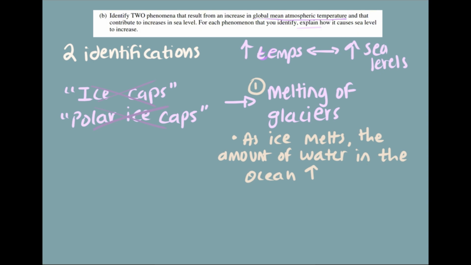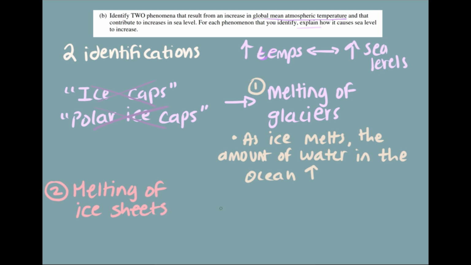Another phenomenon, so again, a lot of these have multiple answers that you could utilize. So another one, we're going to put them down here. Actually, we're on number 2, aren't we? So this would be our second identification. So you could make the argument for melting ice sheets, so melting of ice sheets, right?